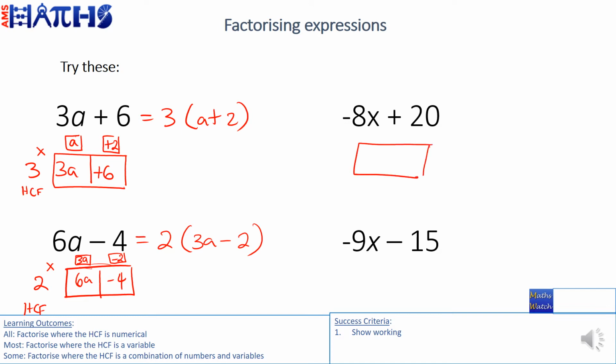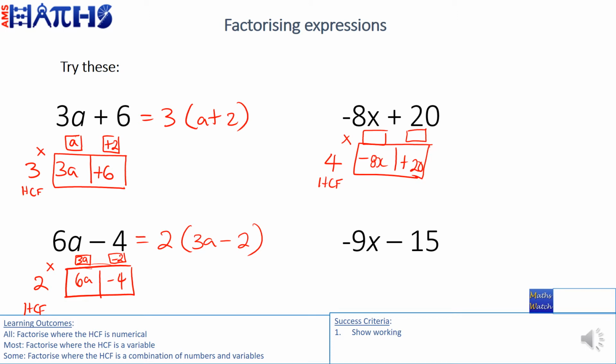So we draw our grid again, minus 8x plus 20, find our highest common factor, and our highest common factor here is 4. That's the biggest number that will divide 8 and 20. And then we find the two terms that we need to multiply to get minus 8x and positive 20.